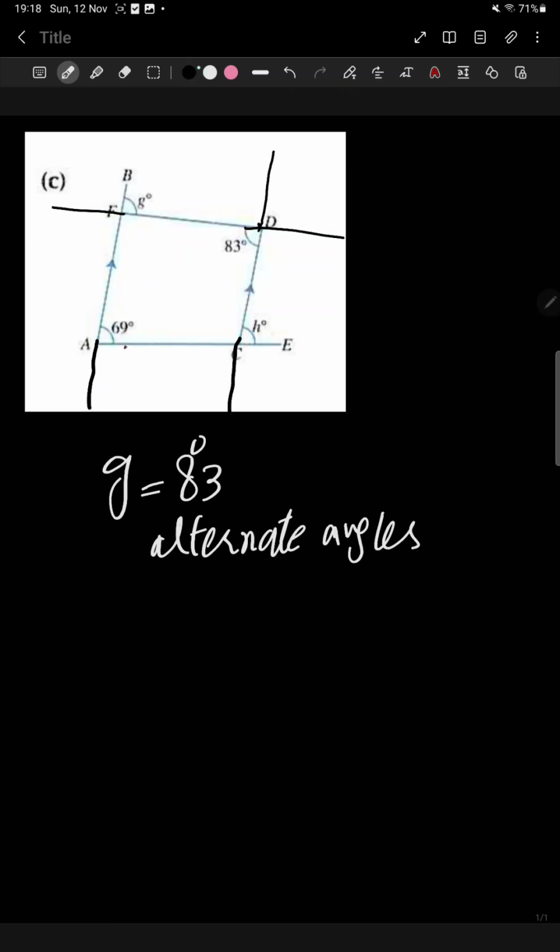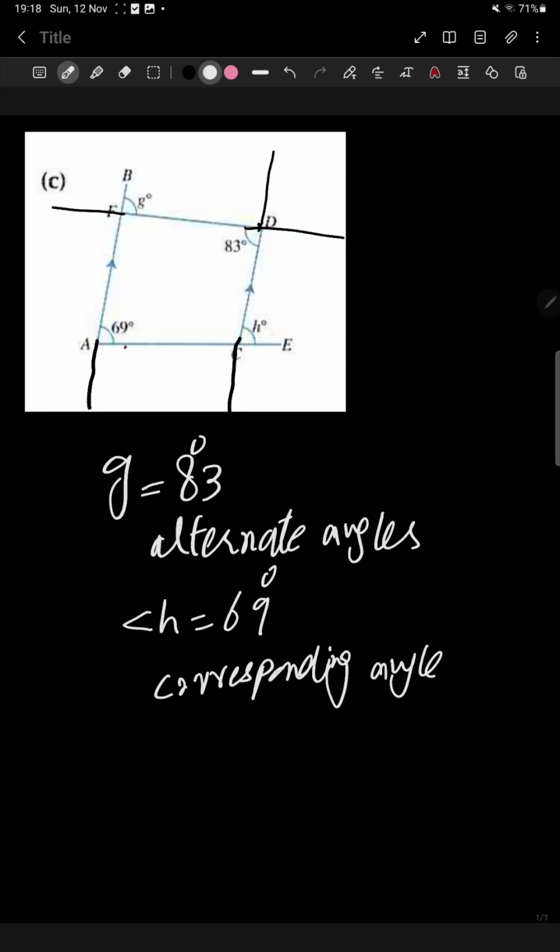So angle H must be equal to 69 degree and the reason is corresponding angle. So students, you have seen that we can easily find out the unknown angles when parallel lines and a transversal are there. Only we should have the knowledge of the alternate angle, corresponding angle, vertically opposite angle and the internal angles.